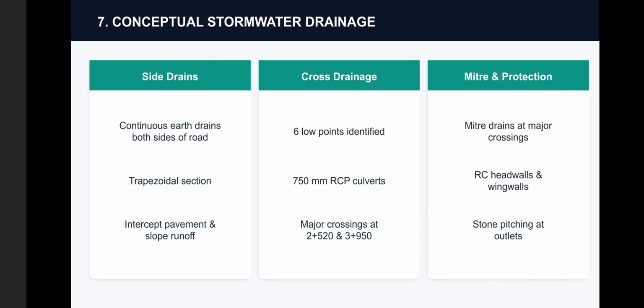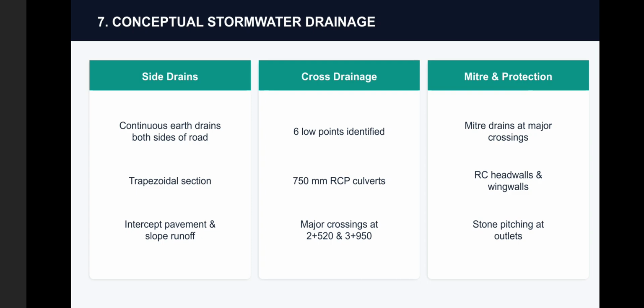So for my conceptual stormwater drainage, I used continuous earth drains on both sides of the road, and these earth drains are of trapezoidal shape. I also used concrete culverts at all the low points.